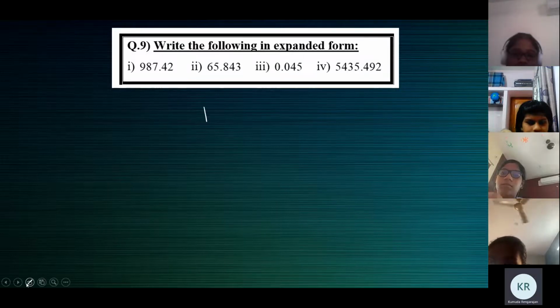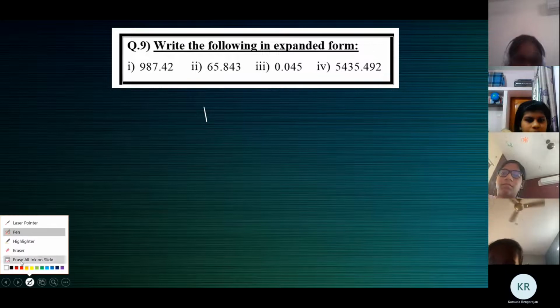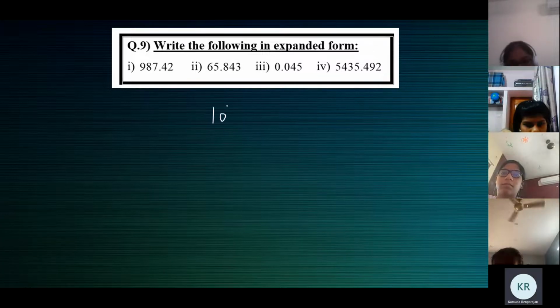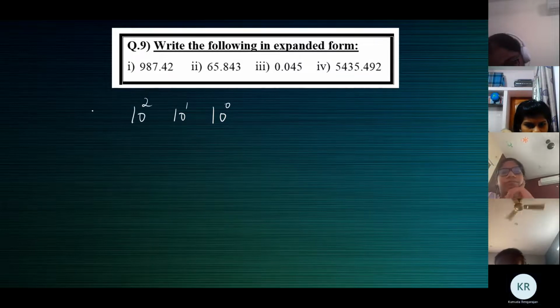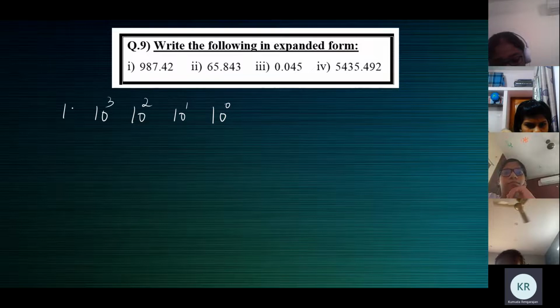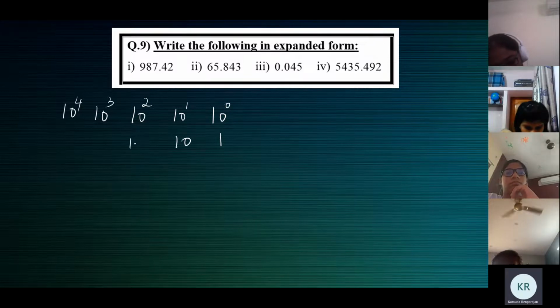Meaning 10 to the power 0, 10 to the power 1, 10 to the power 2, 10 to the power 3, 10 to the power 4. 10 to the power 0 is 1, the units place. 10 to the power 1 is 10, the tens place. 10 squared, 100, the hundreds place. 10 cubed, 1000, the thousands place.